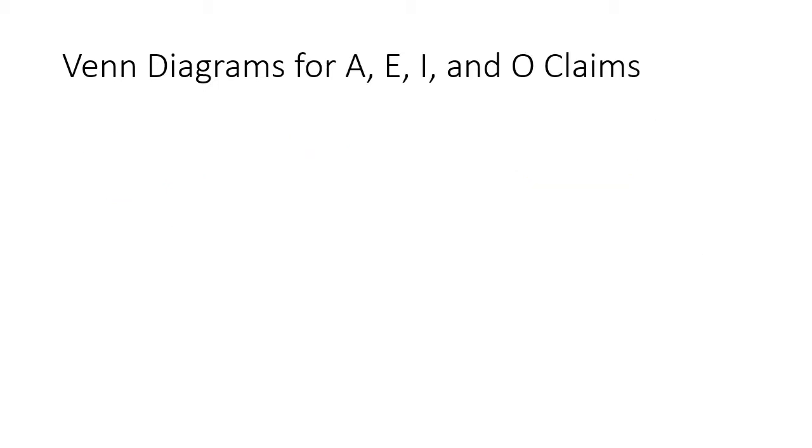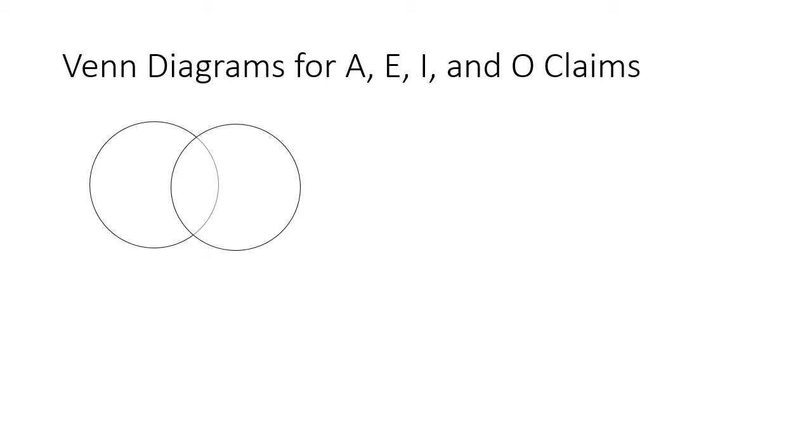Okay, so we wanted to talk about the Venn diagrams for the A, E, I, and O claims, for our four categorical claims. And each of these claims individually will involve only two categories of things.